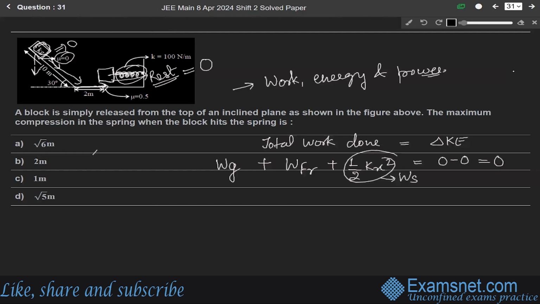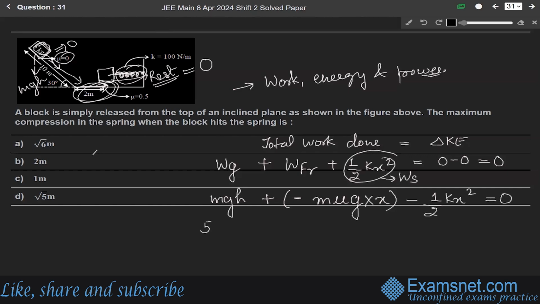Wg will be equal to mgh, and the frictional work will be minus of the mass of the block into mu, the frictional constant, into g, that is mu mg, multiplied by the displacement x. So it will be mgh minus mu mg x minus half kx square, equal to 0.